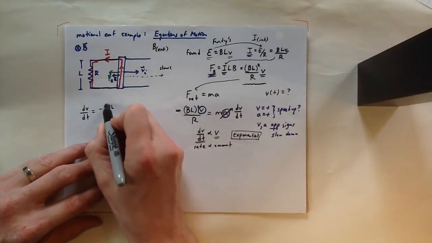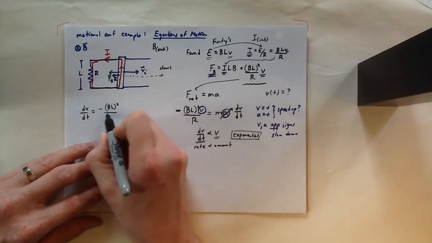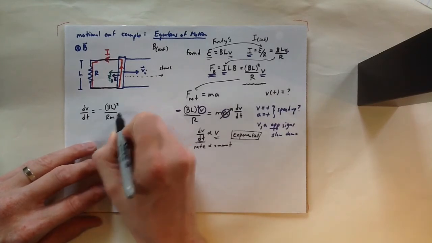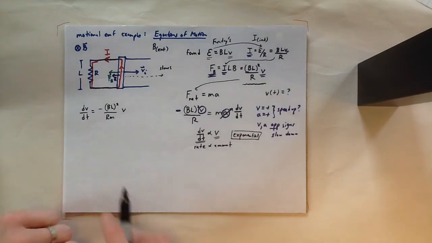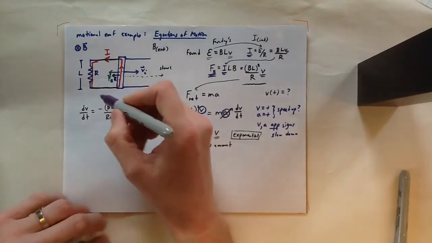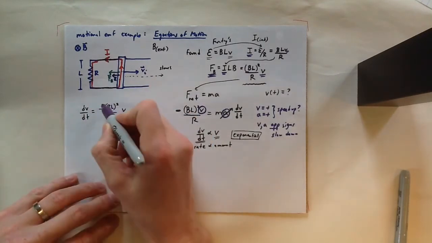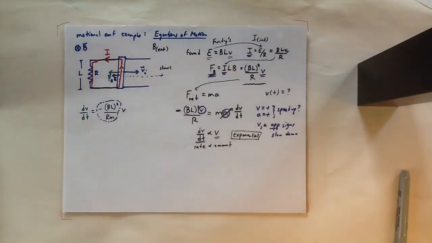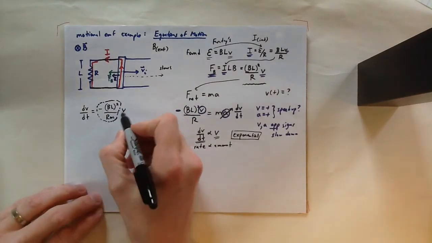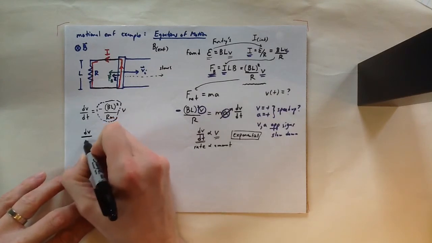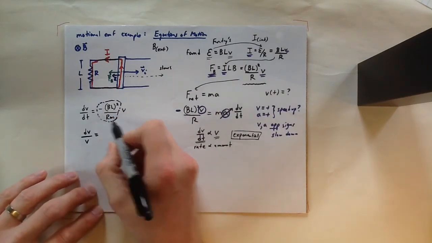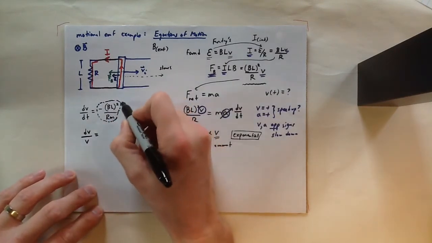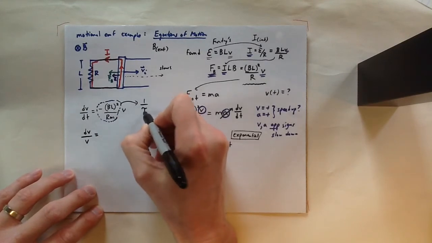So that'll be BL squared over R times M, and then we have a V. So you can indeed see that they're proportional, and the proportionality constant is this right here. At this point, we are ready to do the separation of variables technique. We'll put all the V stuff on one side, all the non-V stuff on the other side, and this constant, I'm going to group it. I'm going to call this 1 over tau.